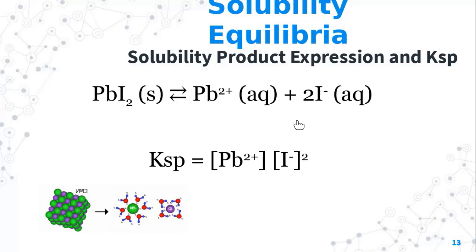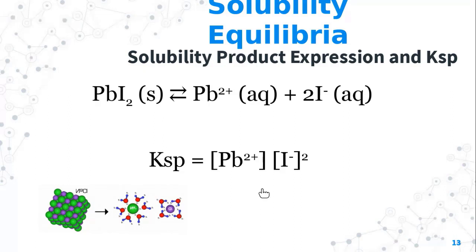Because there's an equilibrium, we can write a Ksp value. K is our equilibrium constant, and sp stands for solubility product. Since we're writing out the expression, remember it's products over reactants. So the product here, Pb 2+, times the product over here, I minus squared, because we have a coefficient of 2 here. We would want to put something under the reactant, but our reactant is a solid.